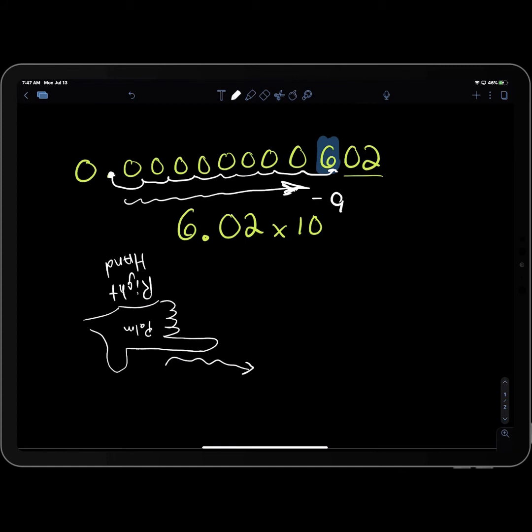So if you're looking at the palm of your right hand, which way did the decimal point go? It went to the right. Now, your finger is like the little bullet of your hand pistol, and your thumb, which way is it pointing? It's pointing down, and whenever you put your thumb downwards to somebody, that means it's a negative sign. See how easy that is? All right, enough of that silly stuff.